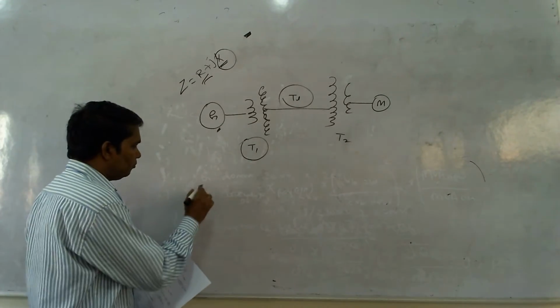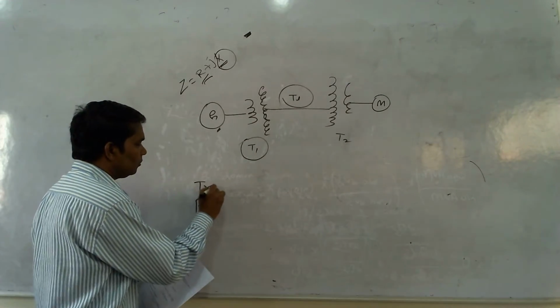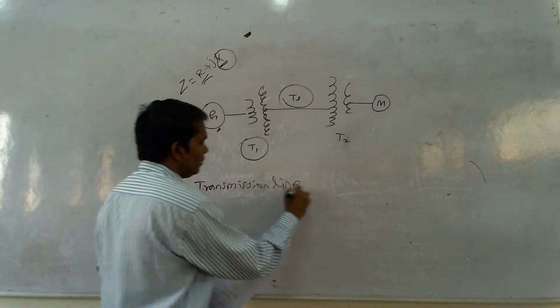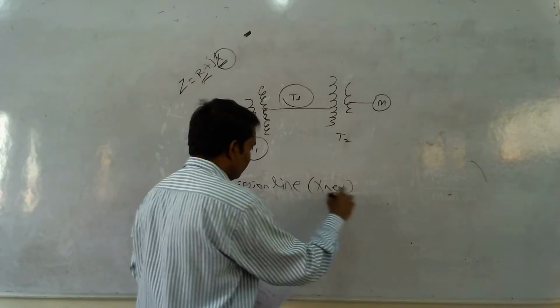The per unit value is calculated for the transmission line. Transmission line reactance, right? The new value we are calculating.